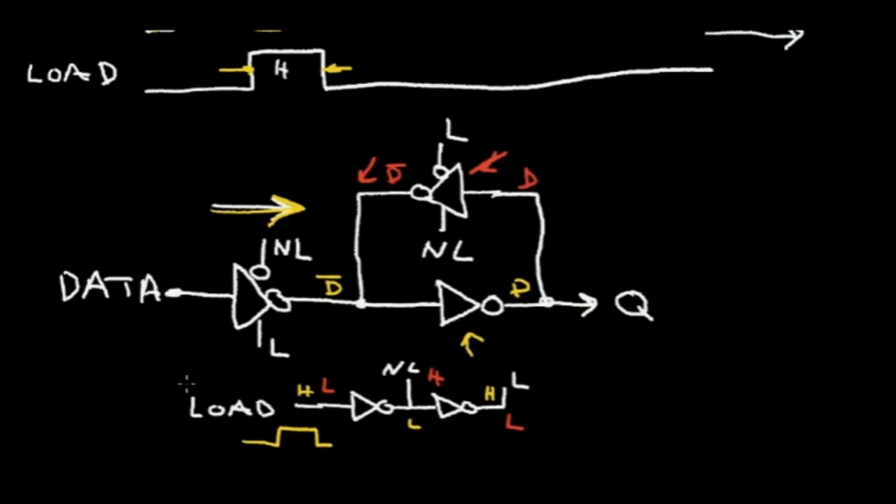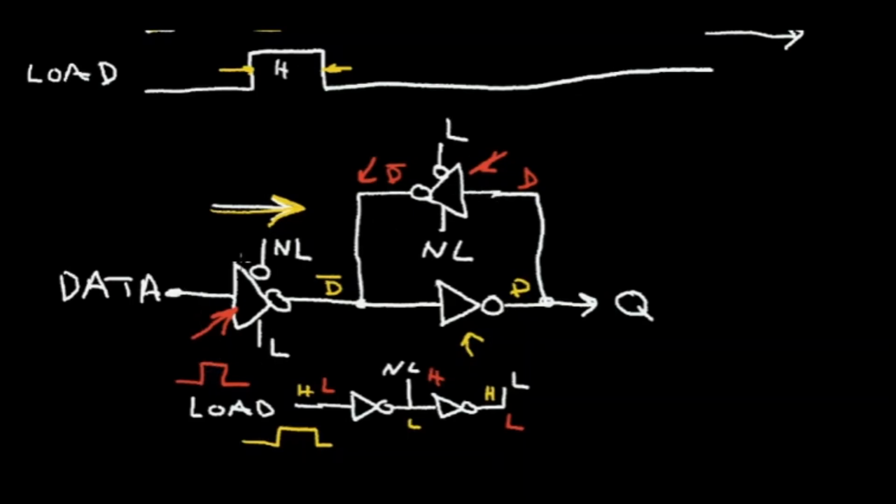When the load signal goes to a high voltage, this tri-state driver transfers the data into this latch circuit. Now when this load signal goes low, this tri-state driver goes from the detached condition to becoming like an inverter, and it reinforces the data.